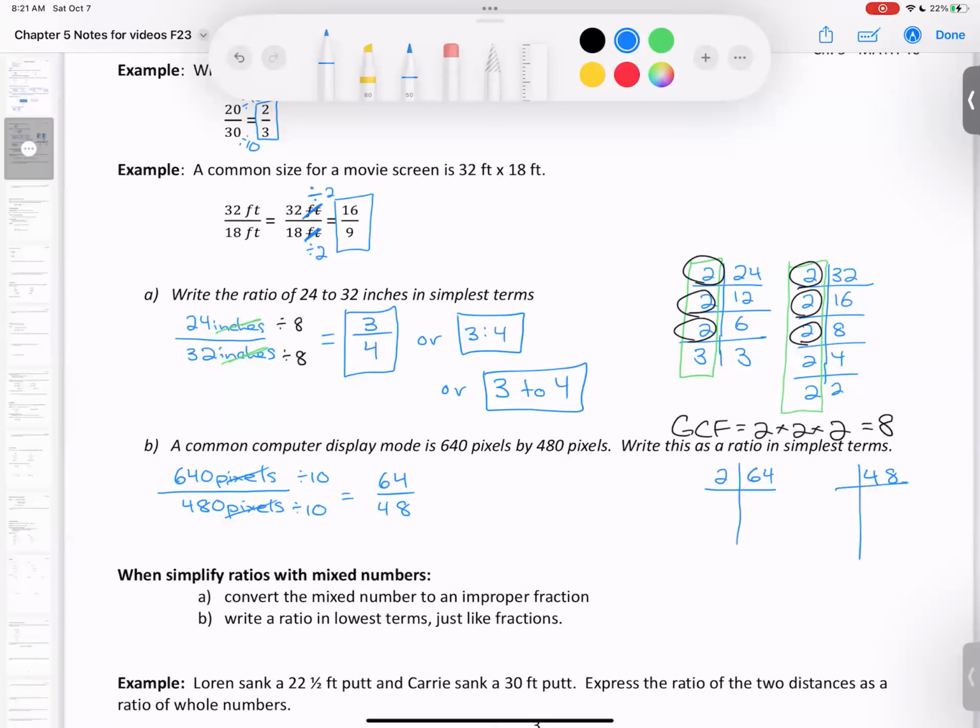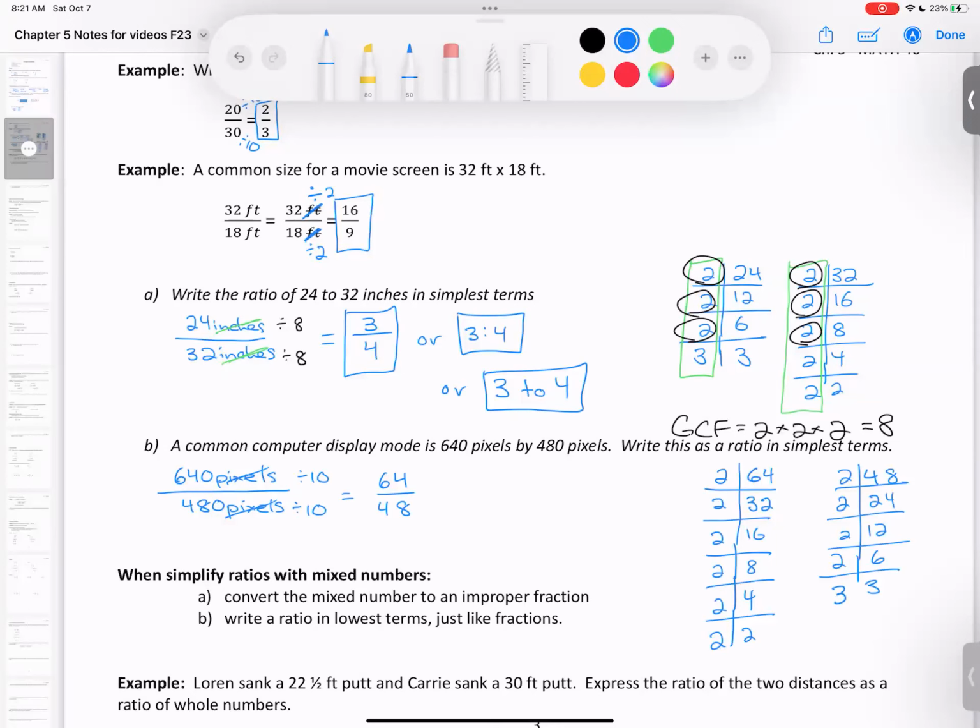Now let's find the GCF of those two numbers so that we can get that in simplest form. So 64 is going to be a whole lot of 2's here. Okay, and 48, so we get 2 for 24, 2 for 12, also a lot of 2's.